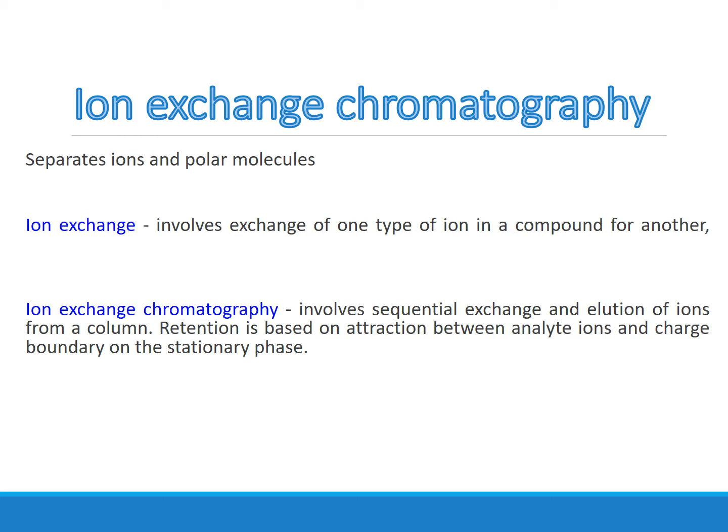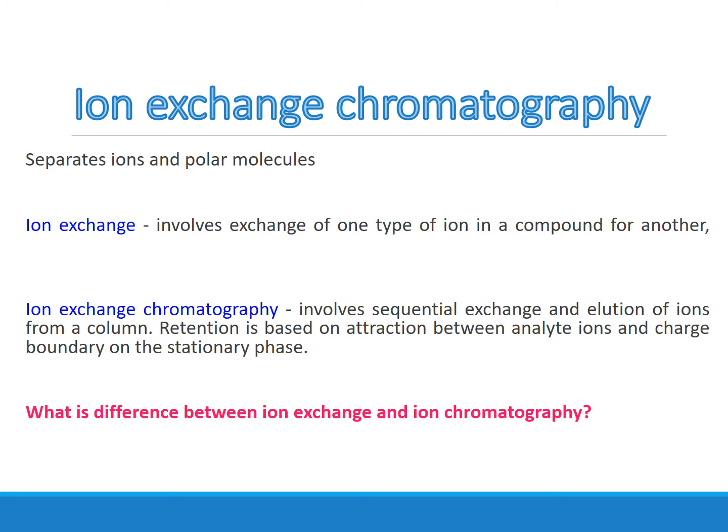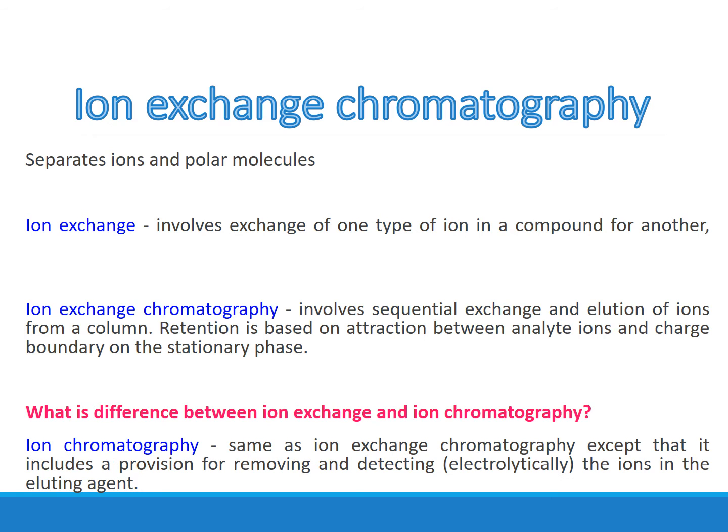Ion exchange chromatography is using this mechanism where we have a stationary phase with a specific charge on which the analytes of opposite charge can be retained. Ion chromatography implements the ion exchange chromatography mechanism, but it has a specific kind of detection, electrolytic detection, typically based on the conductivity.